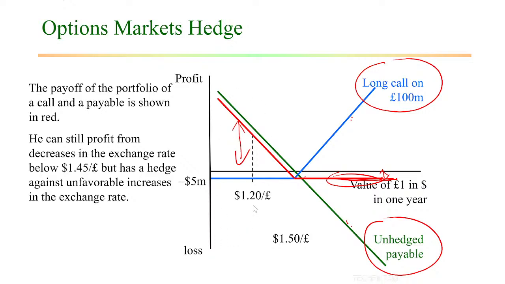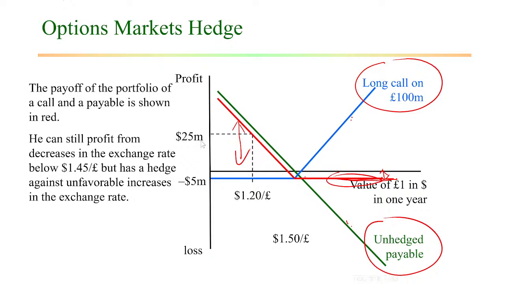See, if it goes down to $1.2 per pound, then we still have the profit. Although the profit will be a little bit smaller because we paid $5 million to buy the call options. So it will be 25 million instead of 30 million if you don't hedge.